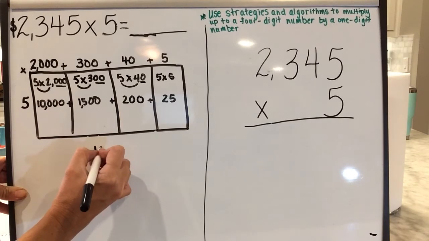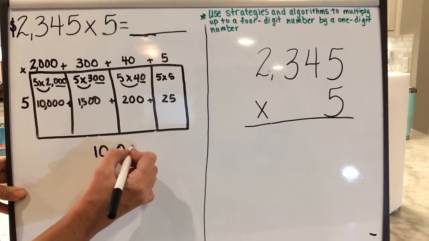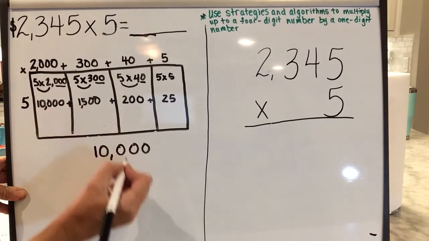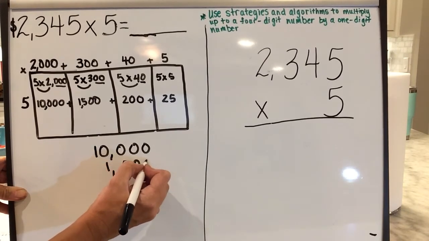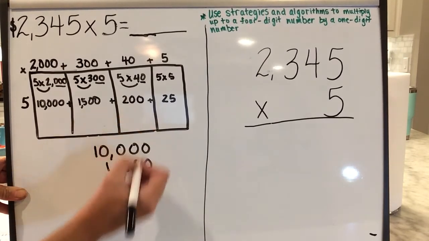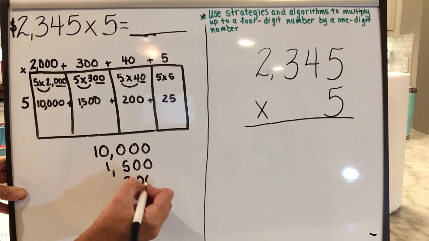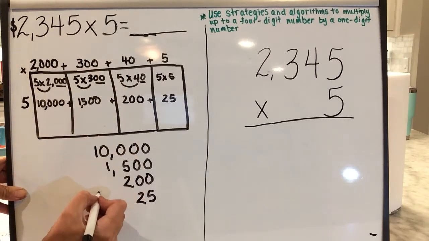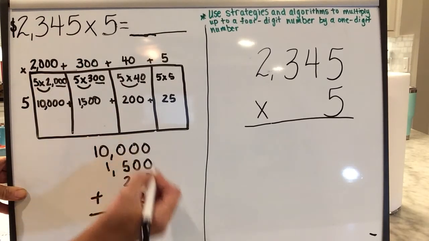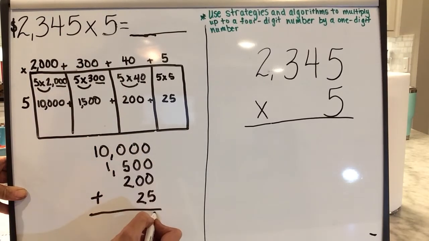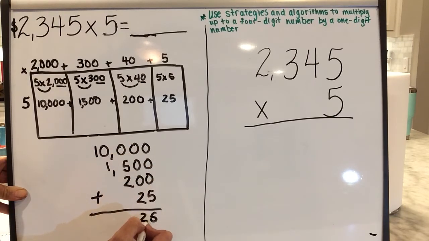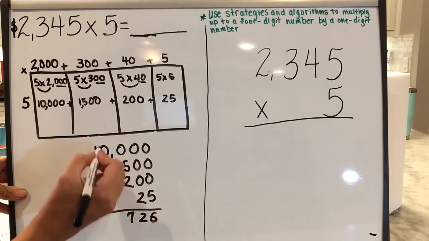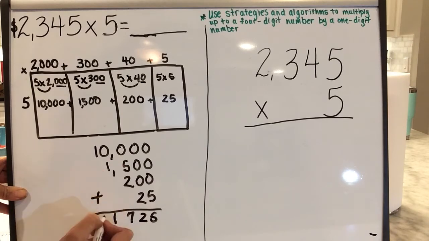And so we're going to add up 10,000, 1,500, making sure that we get our place value in line, 200, and 25. So in this model, as I add them up, I want to tell you that we were looking specifically at the value of each one.